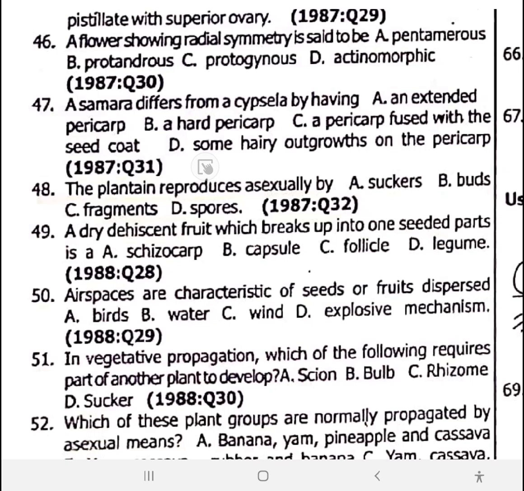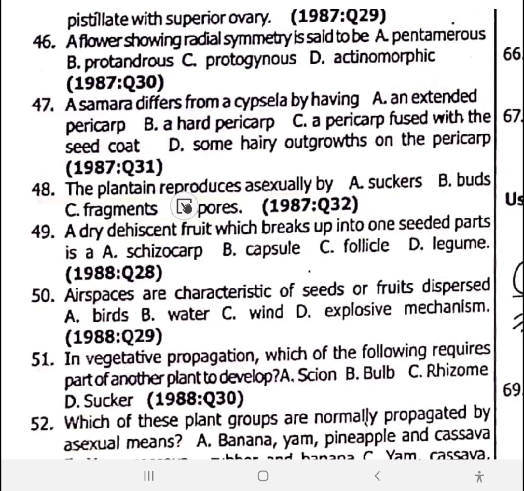So 47 is option A, an extended pericarp. For samara, the pericarp is extended into a wing, but for cypsela, it forms more like hair.